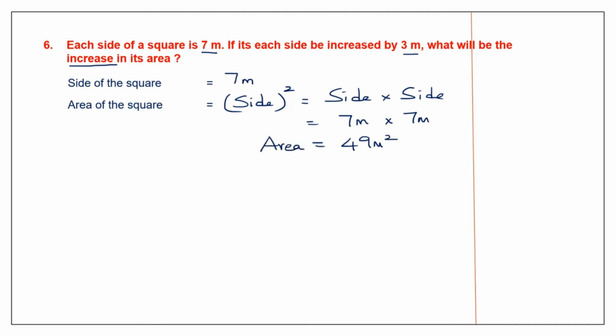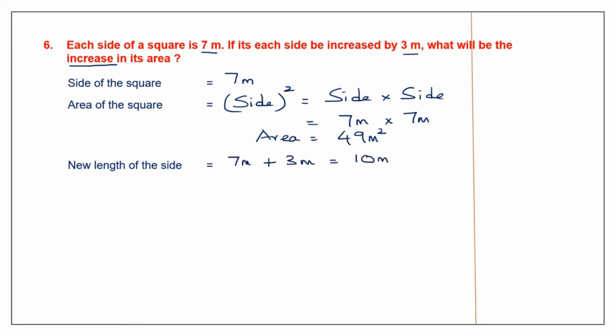This is the area of the original square. Now the new length will be 7 meters plus 3 meters, which is 10 meters. So this is the new length of the side because the question says if it is increased by 3 meters. So we increased it by 3 meters and we added it up, we got 10 meters.